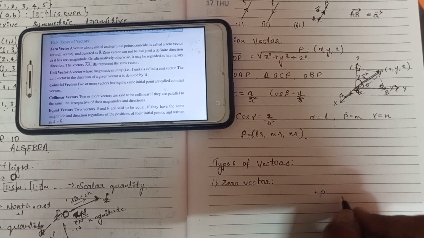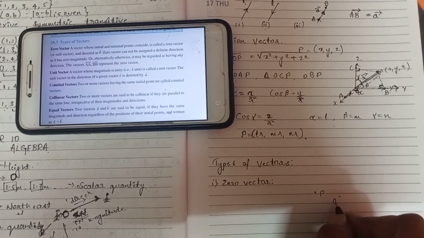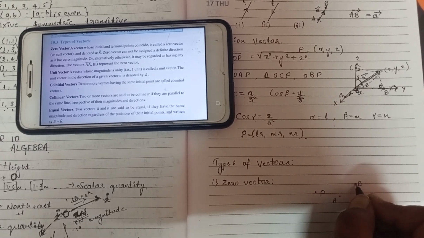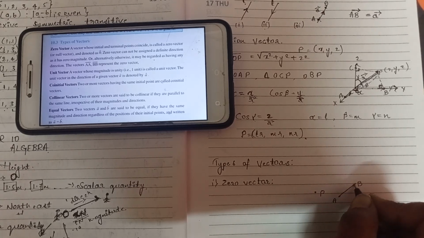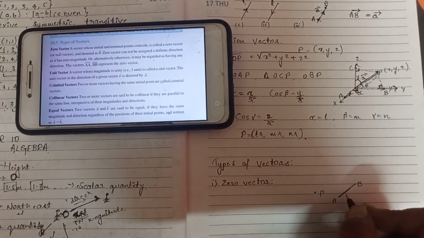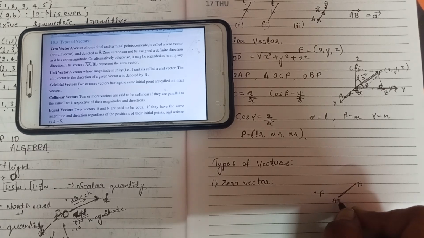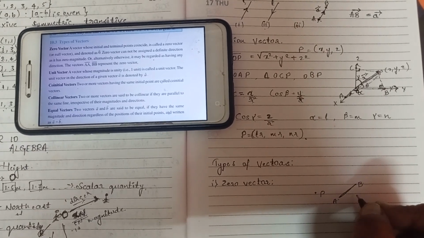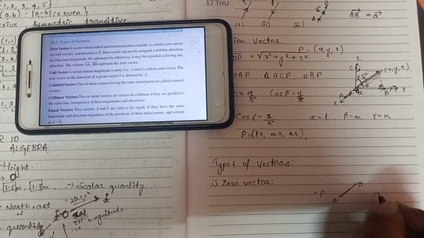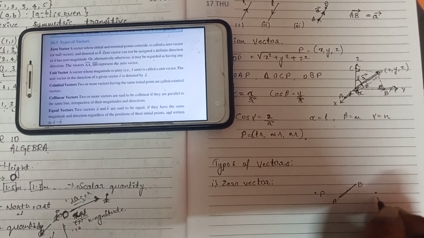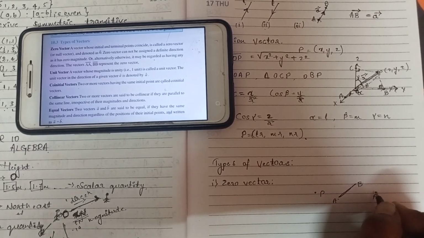Let's take here I have A and here I have B. So when I join A to B, it is having A as an initial point and B as a terminal point. See, what if the initial point is also the same and the final point is also the same, then we will get only one point, that is A, because it is having the same initial point as well as the same terminal point.